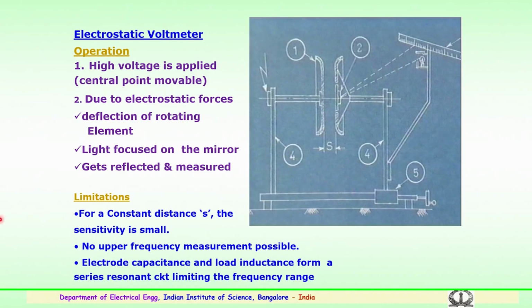So, operation: the high voltage is applied to the central point of the movable electrode here. Due to the electrostatic force, a deflection of the rotating element happens, and the light which is focused on the mirror, the mirror is kept here, gets reflected here, and this scale gives the measurement.